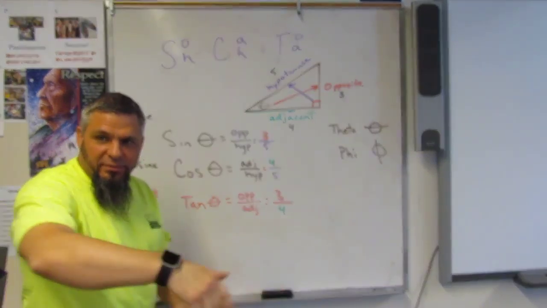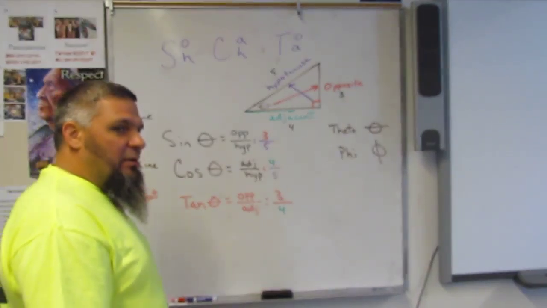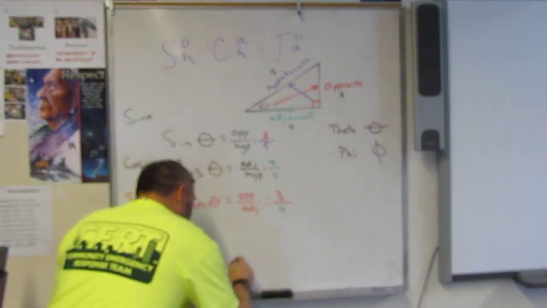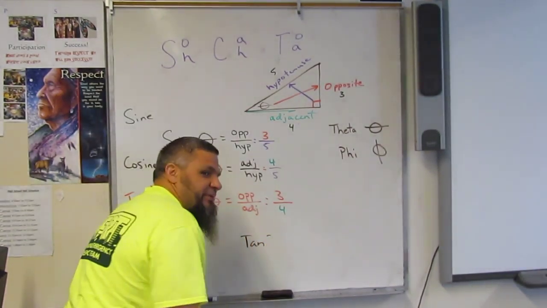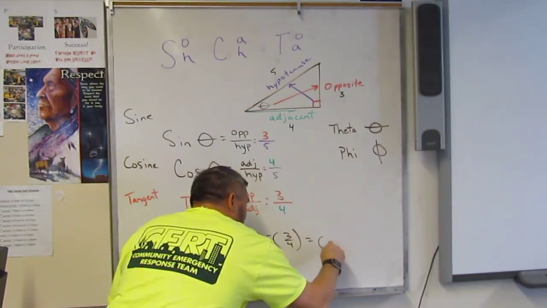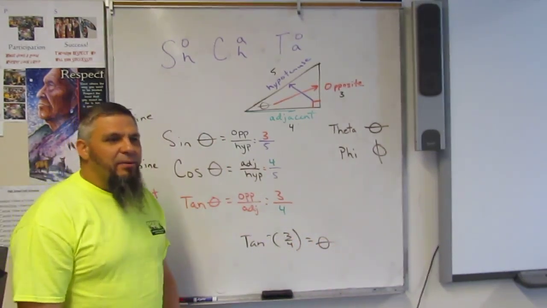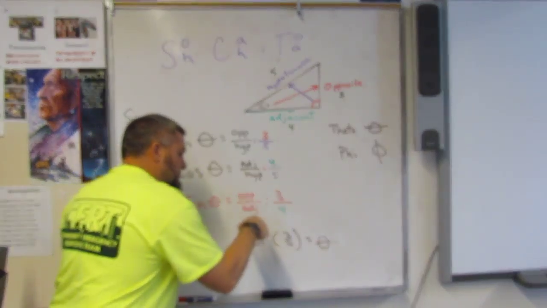And next section, we're going to be able to go backwards. Okay? In the next section, just a little hint, we're going to go something like tangent inverse of 3/4 is going to equal theta. So we'll just go backwards and let our calculator do the work. So that'll be tomorrow.